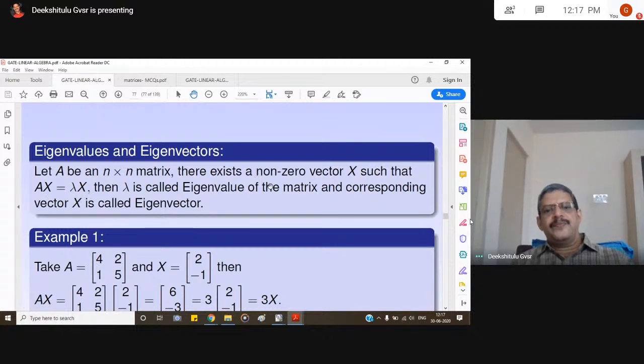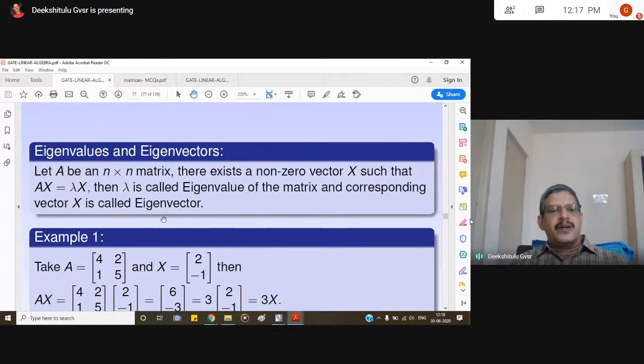Remember, when I say x is an eigenvector, it cannot be a zero vector. It must be a non-zero vector. Then lambda is called the eigenvalue, and the corresponding vector is called the eigenvector.